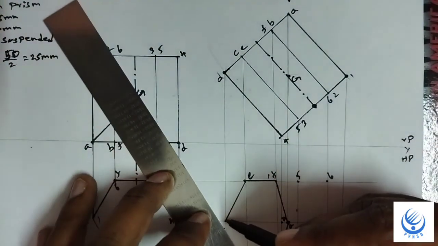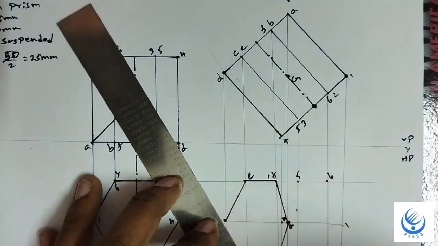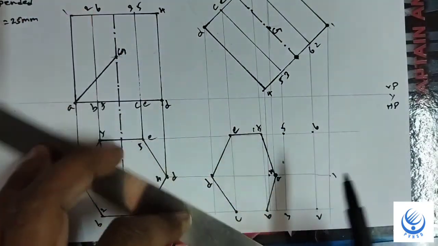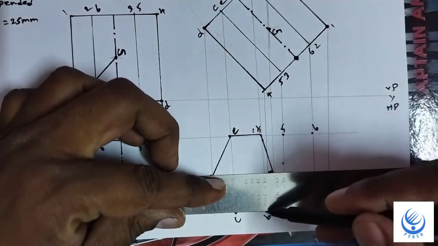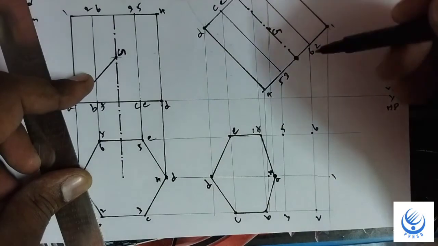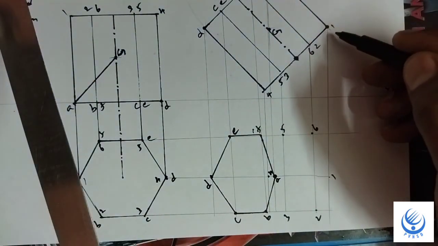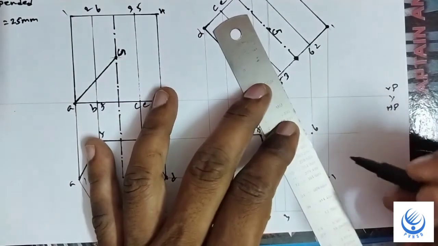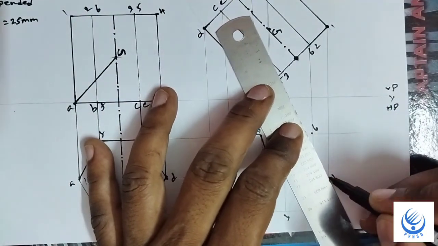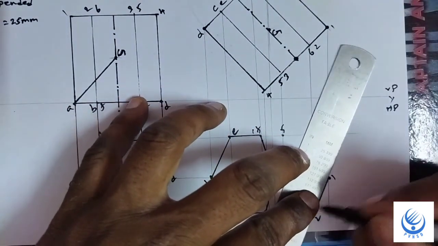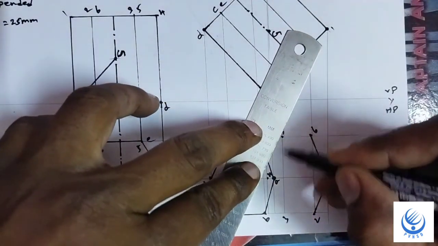From the bottom, only 1 to 6 are visible lines, and the remaining portion is invisible.